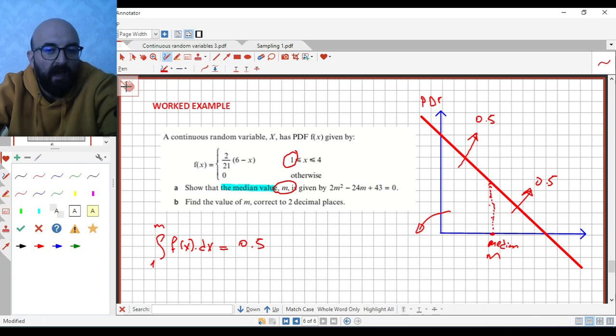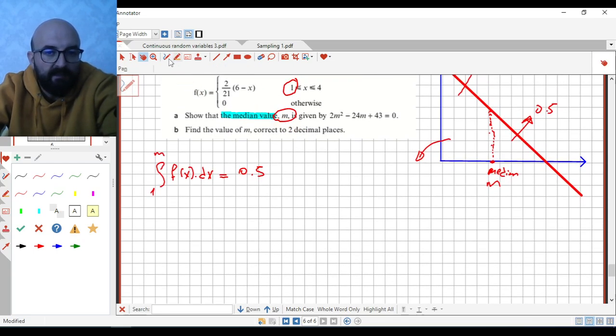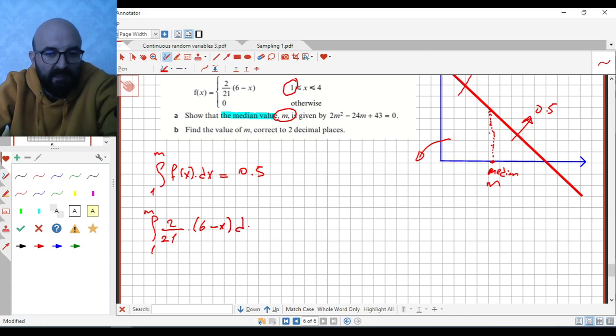Now if I work out the integration from 1 to m of 2 over 21 multiplied by (6 minus x) dx, it should be 1 over 2, or 0.5.